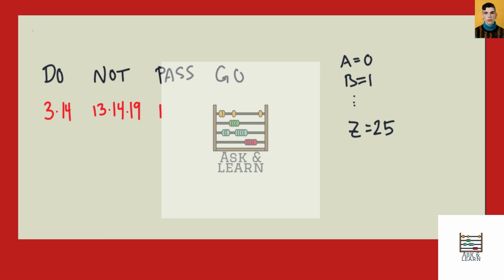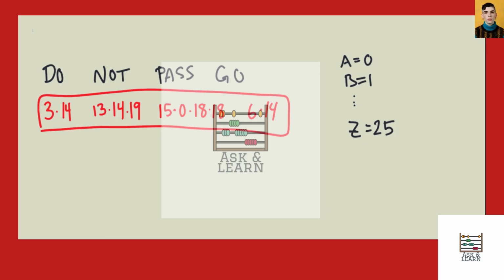Then we'll get 15 for P, 0 for A, and 18 for S. And then G is going to be 6, and O is 14 again. So this is what we're going to be using in the moduli that were given for parts A, B, and C.